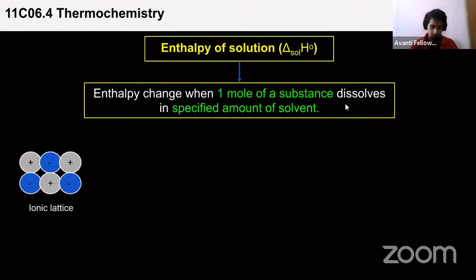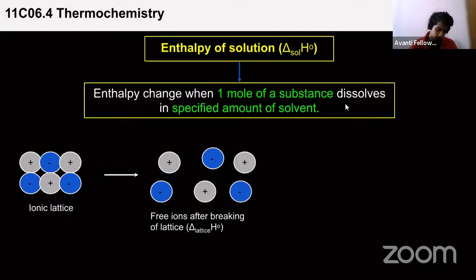If you see here, first, the ionic lattice is there. It is present in a three-dimensional structure. If you see a crystal cube, or sugar cube, or salt cube, will it have deformities? No, right? It will look like a perfect crystal, like a 3D object. First, I'm going to break it into the gaseous state, gaseous ions.